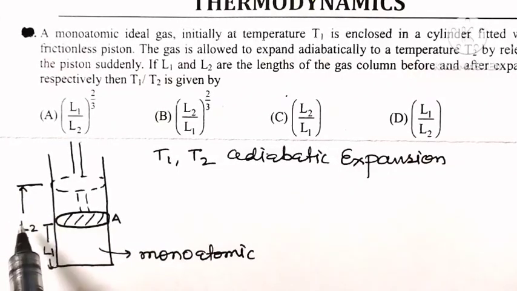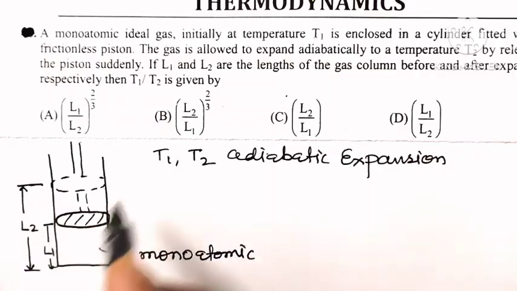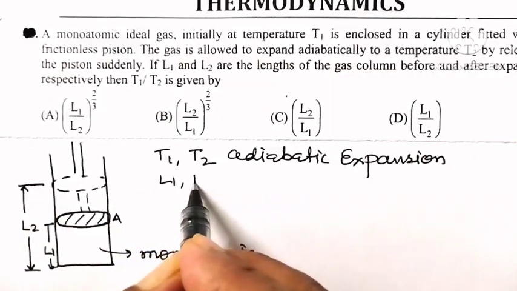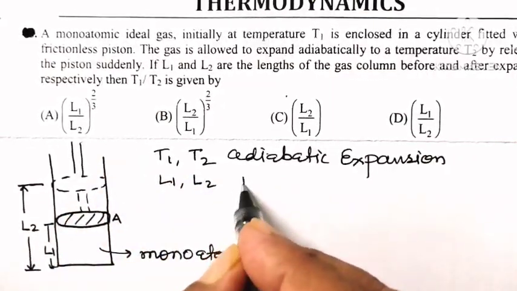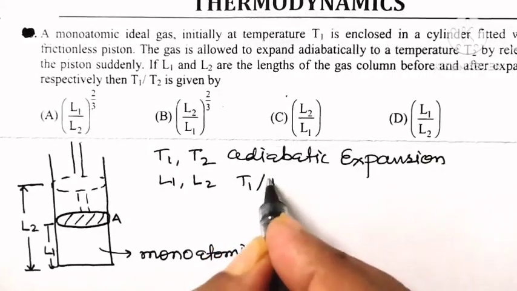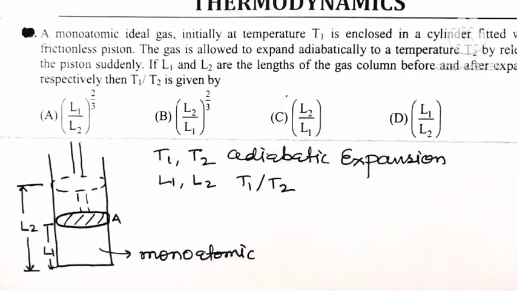So L1 and L2 are the length of gas column before and after the adiabatic expansion, and we want to find the value of T1 upon T2, that is the ratio of temperature of gas before and after adiabatic expansion.